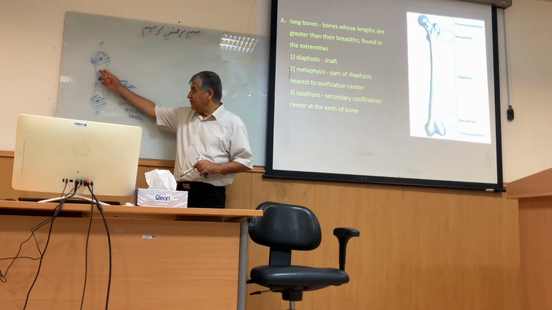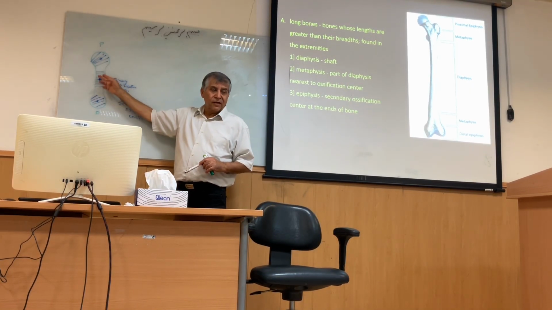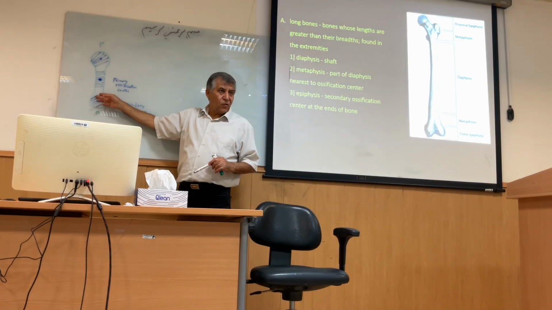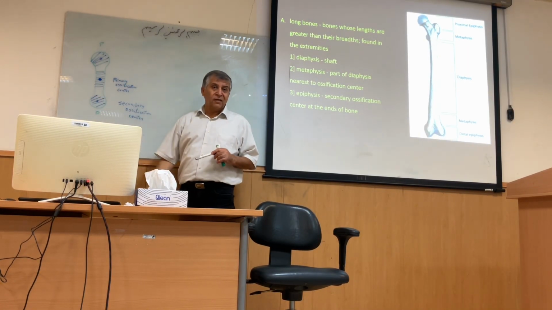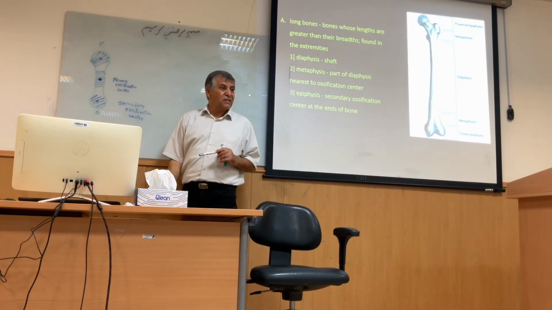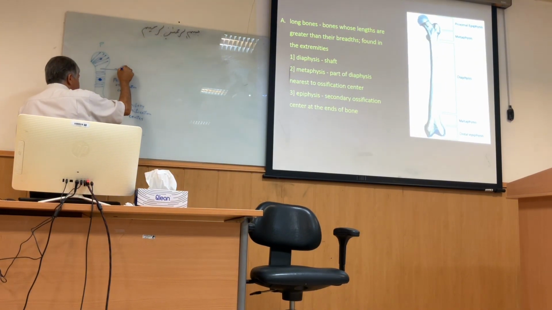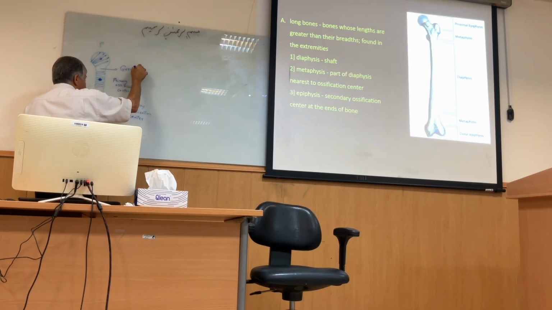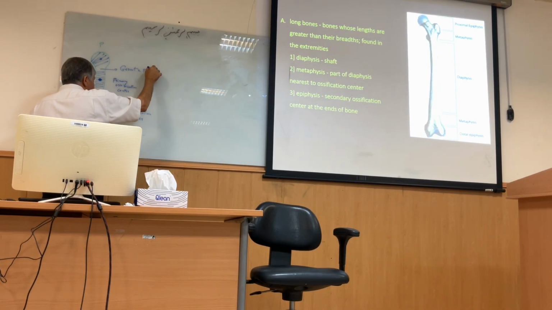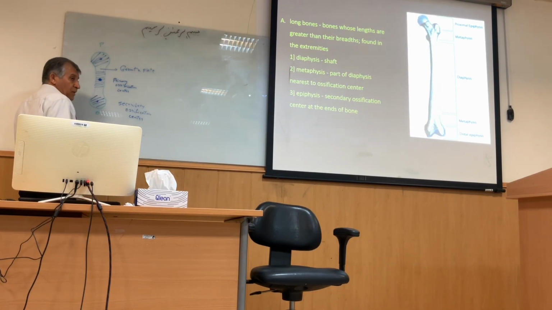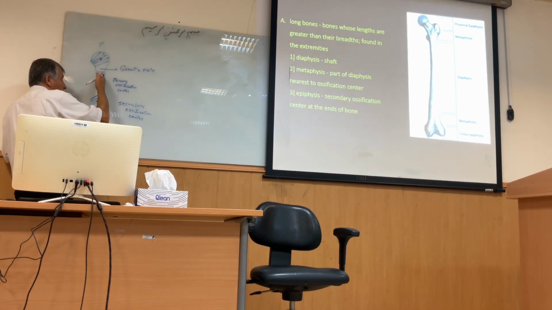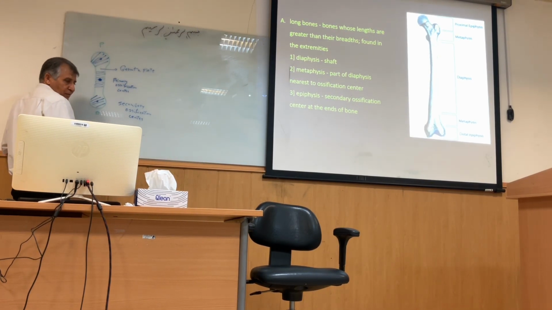This part, the remainder, is cartilaginous. For this reason, it's called the growth plate. The growth plate is a cartilaginous structure between the diaphysis and epiphysis.